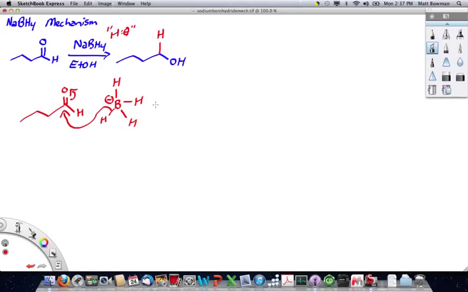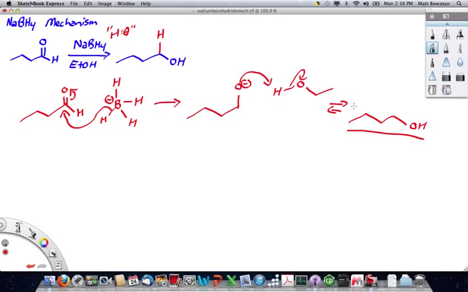Electrons go up to the oxygen. Then this O minus can simply deprotonate ethanol to give the target product. This is the shorthand mechanism, and you can definitely use it.